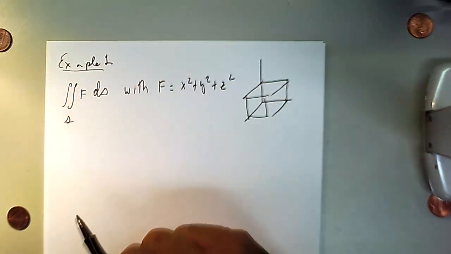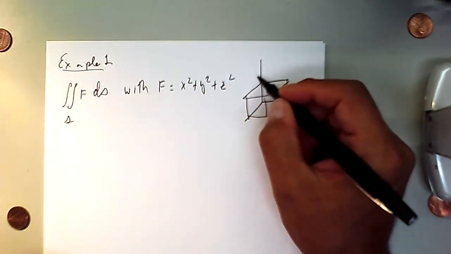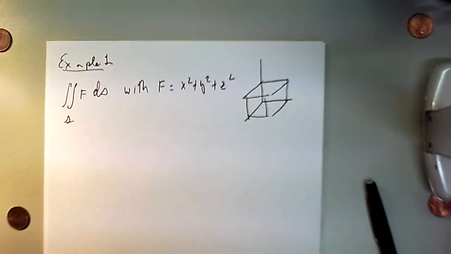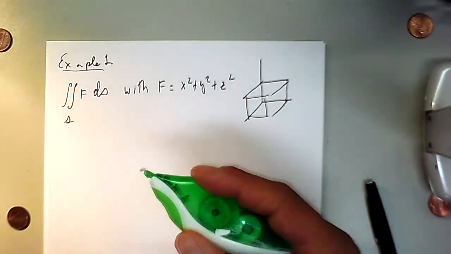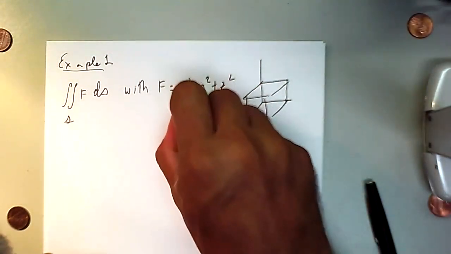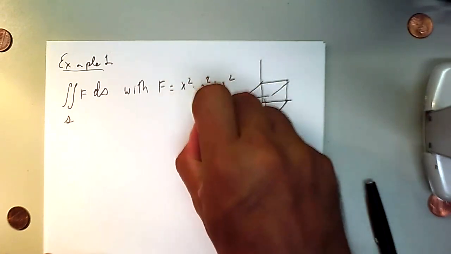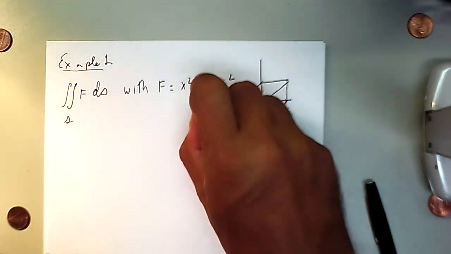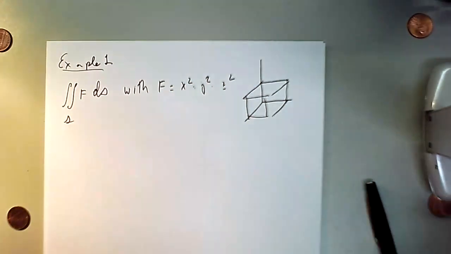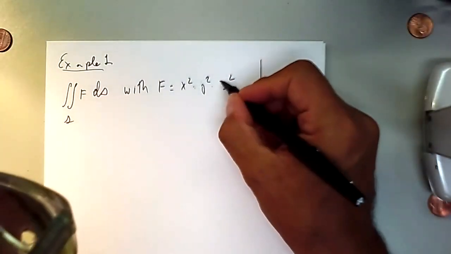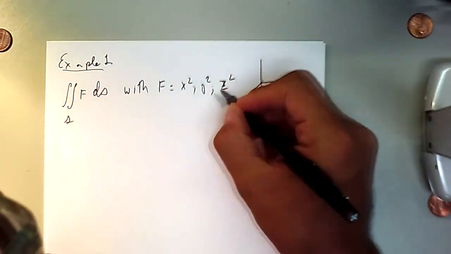I'm sorry, I didn't mean plus, I meant comma. This has to be a vector field. Yep, let's put a z squared there again, comma, comma, parenthesis.